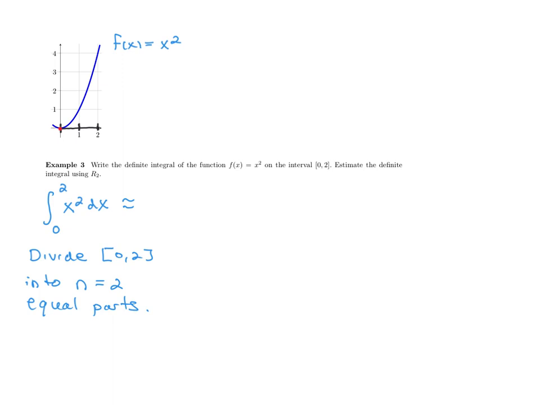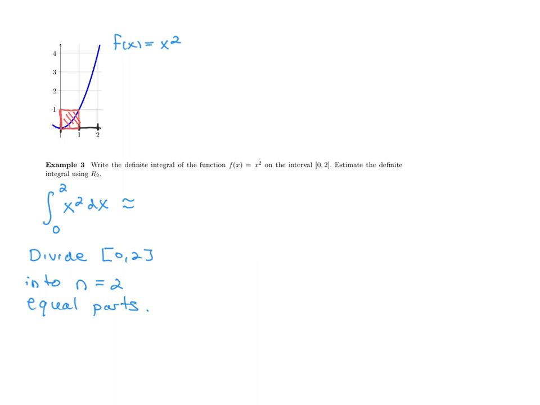So in this first part, from 0 to 1, I'm going to construct a rectangle using this function. And I'm going to do that by choosing the right endpoint, which is at the number 1. I'm going to take that number, put it into the function to get the height of the rectangle. So let me draw that in here. It would look like this. And actually, this is a square.